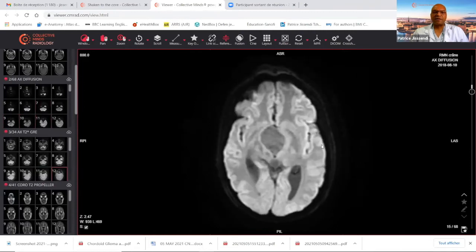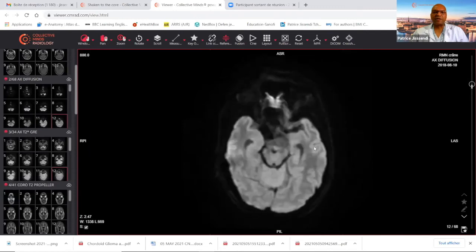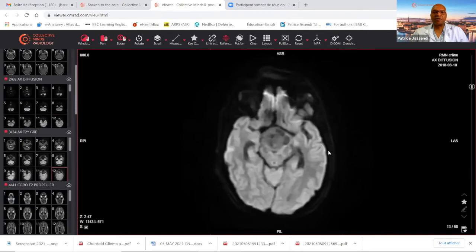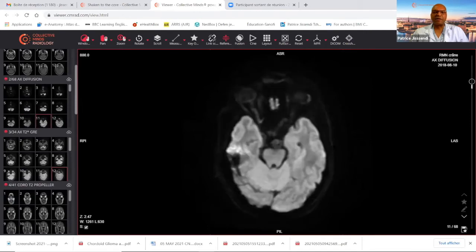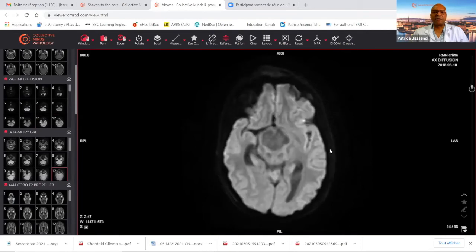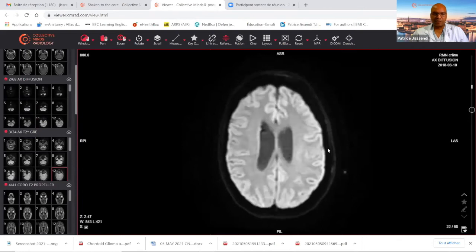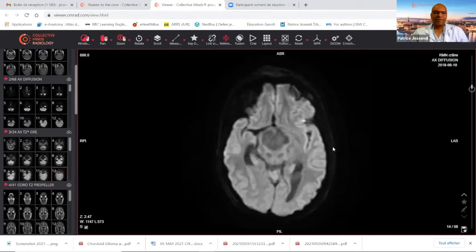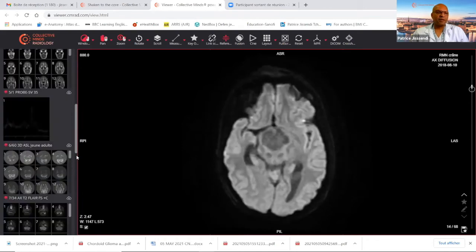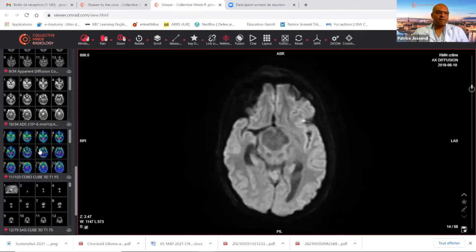So the mass is really centrally located, and there is no hyper signal on diffusion images except this area of the abnormality that is suspected as being a hemorrhagic spot. So obviously, just take a look at the ADC map.